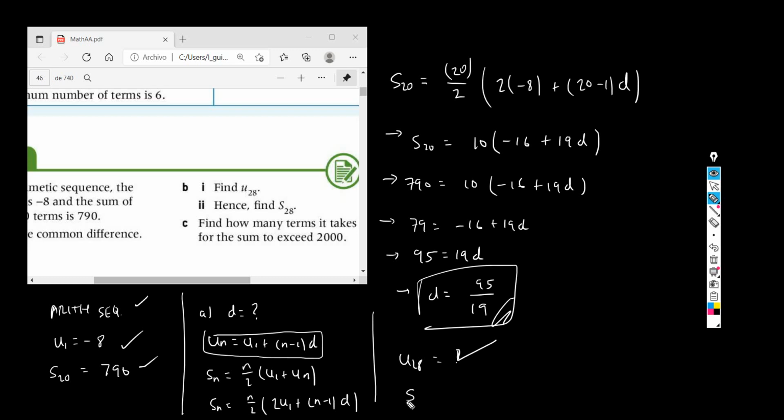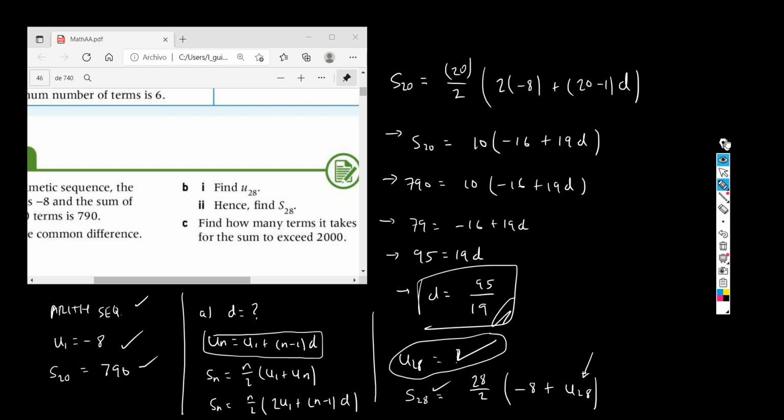If you notice, you can substitute S28 equals 28 over 2 that multiplies U1, which is -8, plus U28, which you have from the previous step, right? So you can input that in there and you're gonna be getting S28. So this is the way I'm gonna be explaining the problems, guys. I'm not gonna be doing the arithmetic every single time. That's wasted time for me.